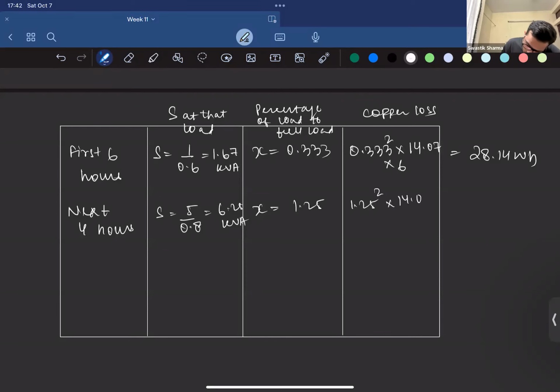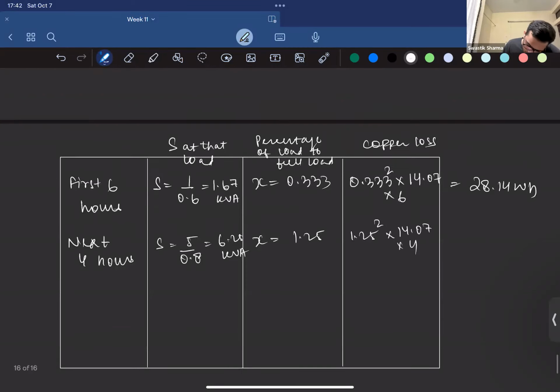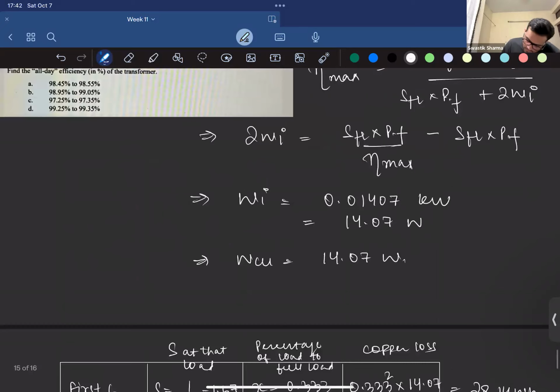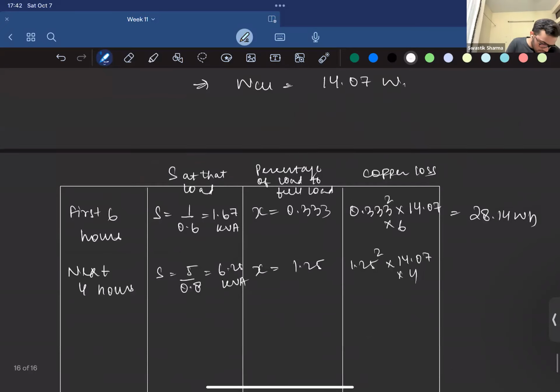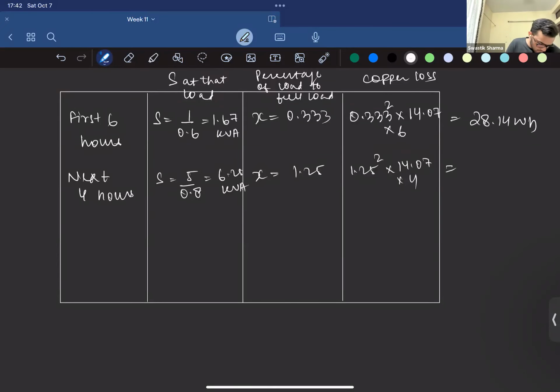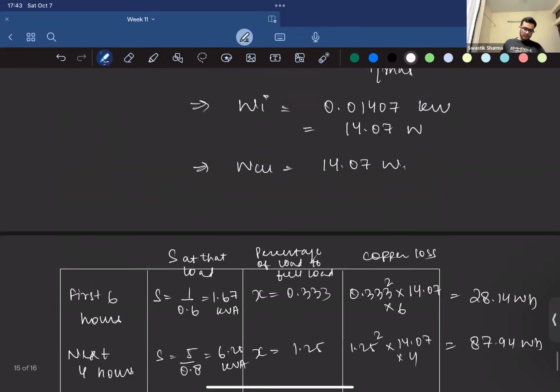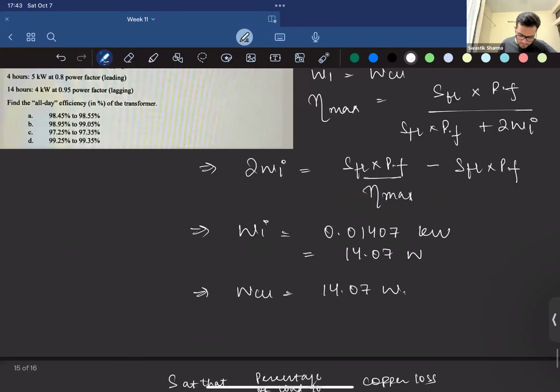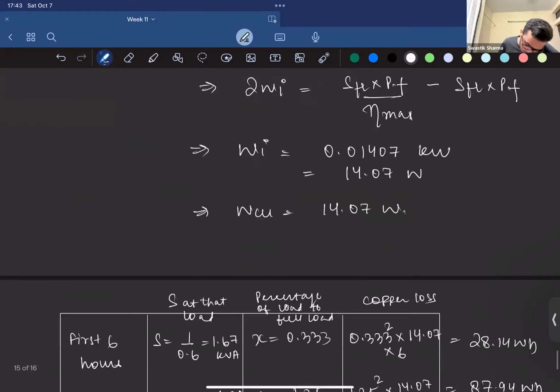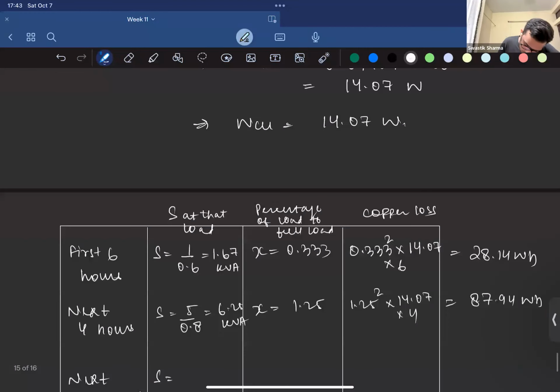So 1.25 squared times 14.07 into 4 hours comes out to be 87.94 watt hours. Next 14 hours, right? 14 hours. So S is what? 4 kilowatt at 0.95.